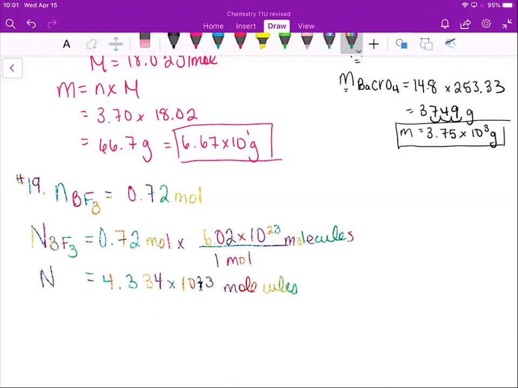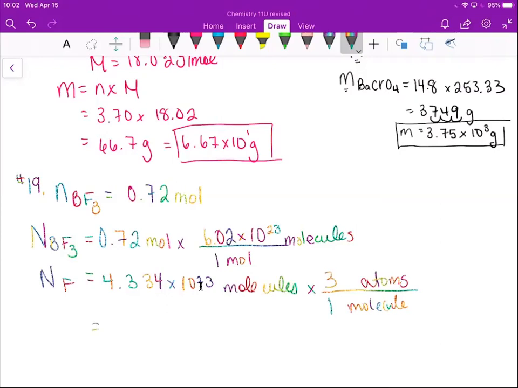Okay, so in this step, I'm going to change to number of fluoride. And so I need to get rid of molecules. So I'm going to put molecules on the denominator. And then I'm going to put atoms at the top. So in 1 molecule, there are 3 atoms of fluoride.